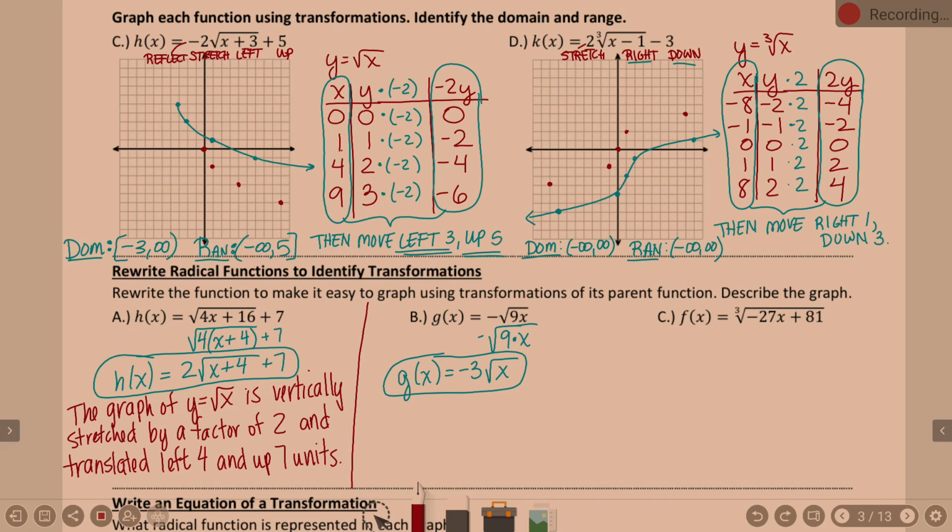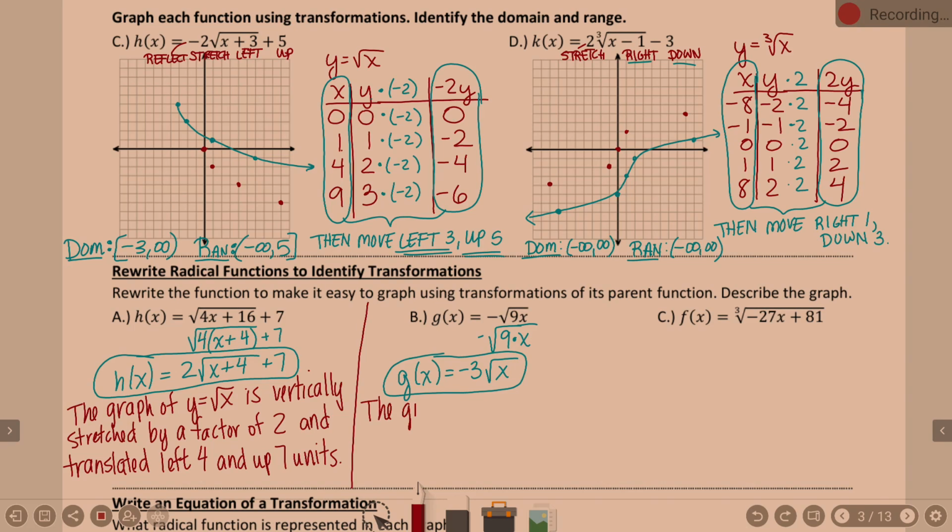There's a negative out front. So negative is going to reflect it across which axis? X-axis. And the 3 says vertically stretched by a factor of 3. In terms of the vertical stretch and the reflection, it's not going to matter which order you mention those in.